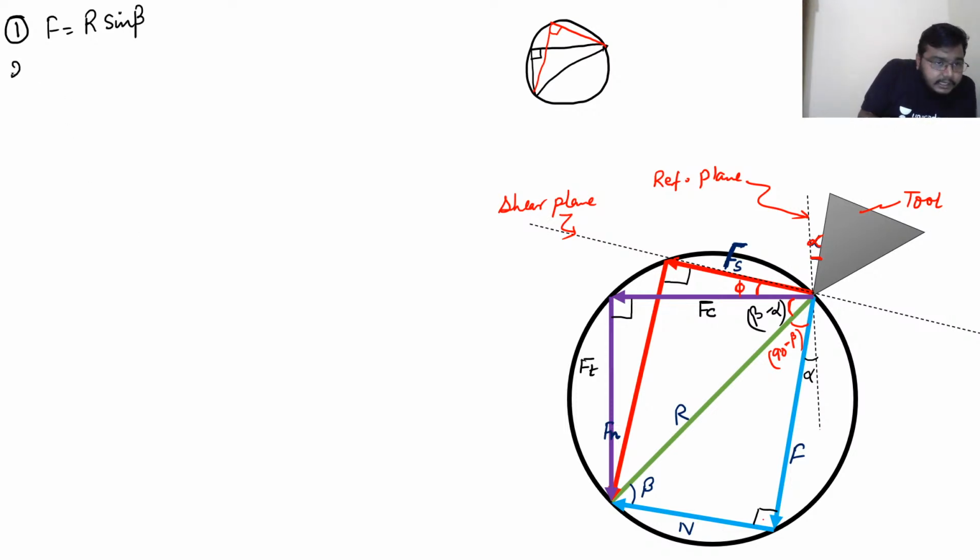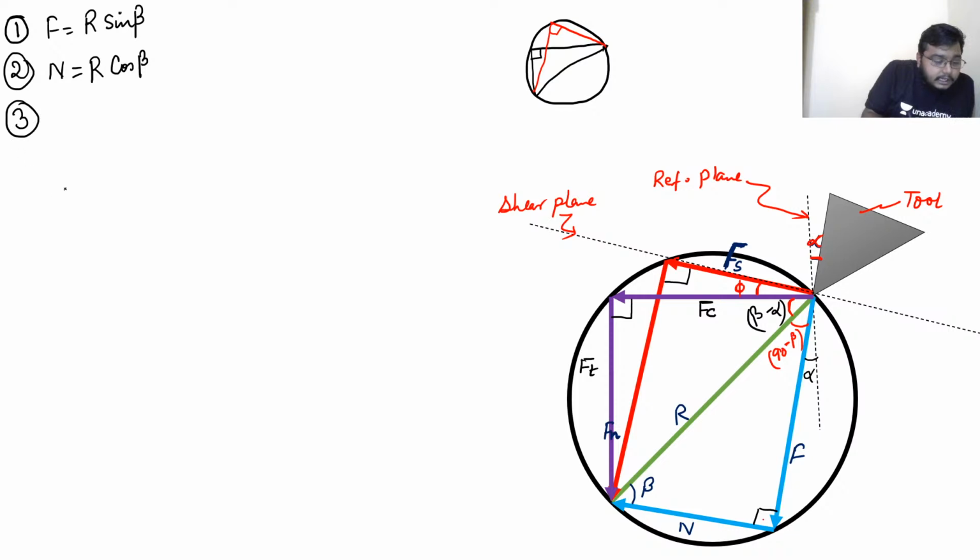Next relation what I can write is N. This is N, in terms of R. So N is equal to R cos beta. If there is any doubt, please tell me.